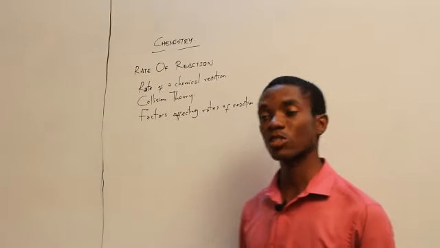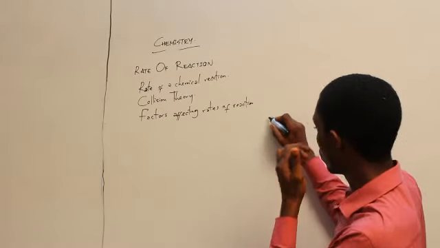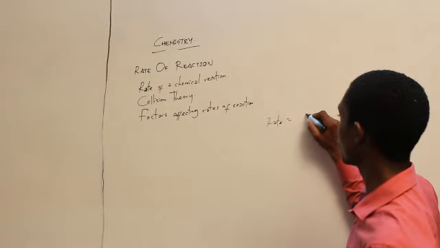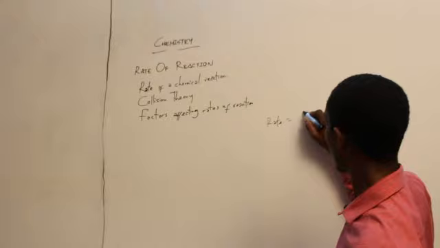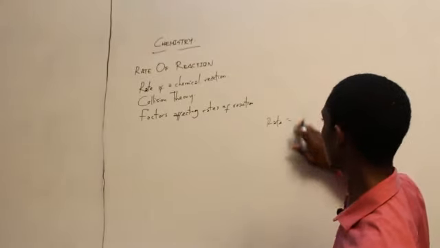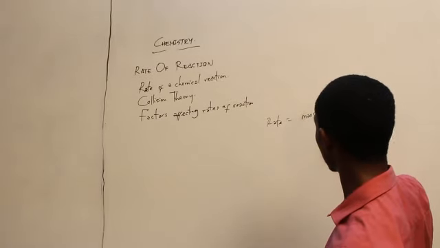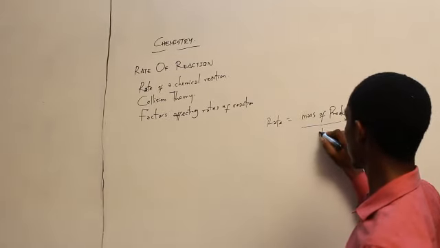The rate of chemical reactions can be estimated or calculated by saying rate is equal to the mass of products divided by time taken.